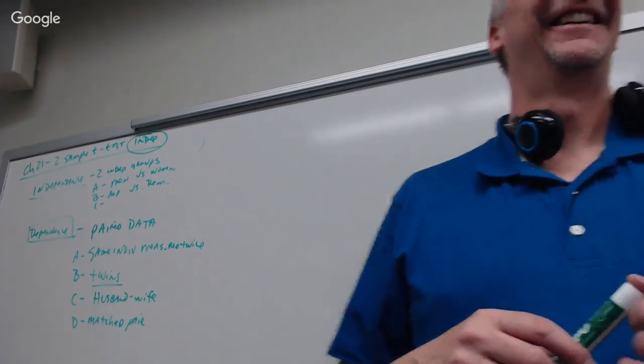Okay, so if we were going to do this as a dependent test, would it make sense to take cookie 1 out of the double stuff and cookie 1 with the regular and pair those up together? Would that make sense? No. Why? Well, for one thing, they don't have an equal number. What happens when you run out of pairs? Well, that is a good question. What happens when you run out of pairs? You only do however many.